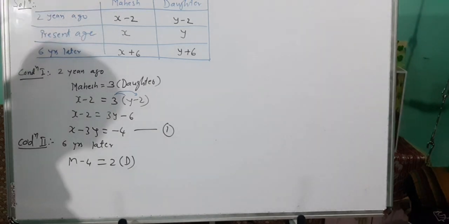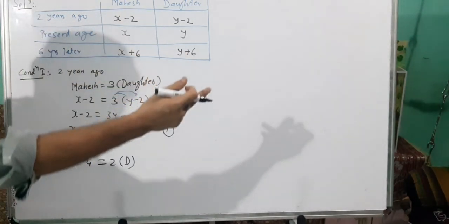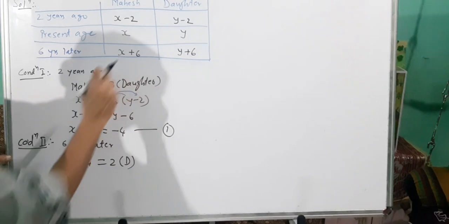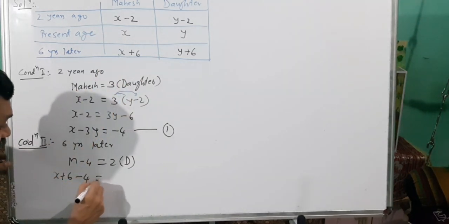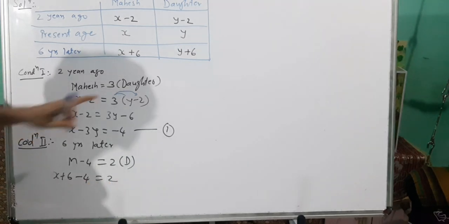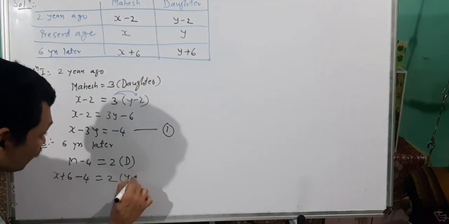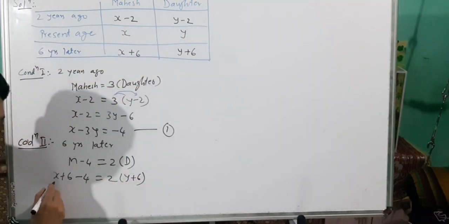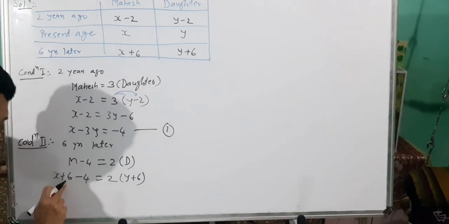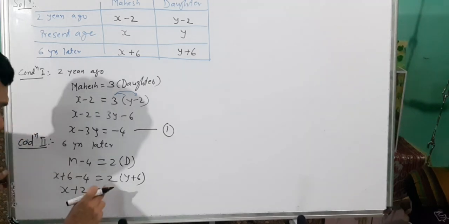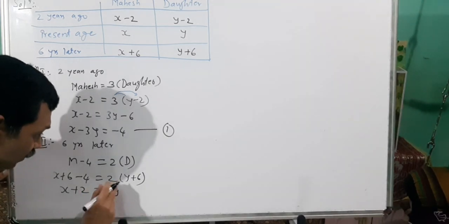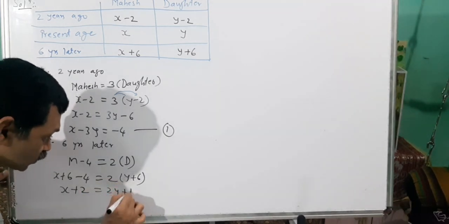6 years later Mahesh will be x plus 6. So x plus 6 minus 4 is equal to 2 times daughter's age, y plus 6. This gives us x plus 2 equal to 2y plus 12.